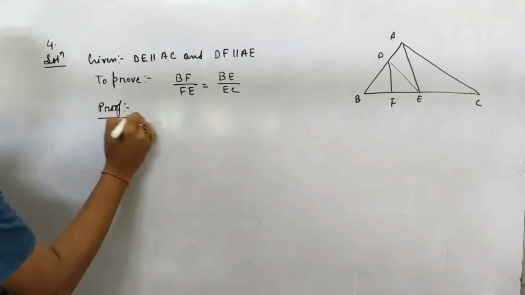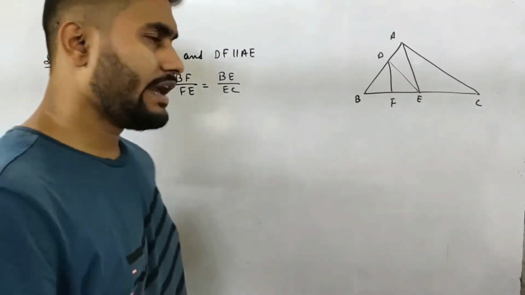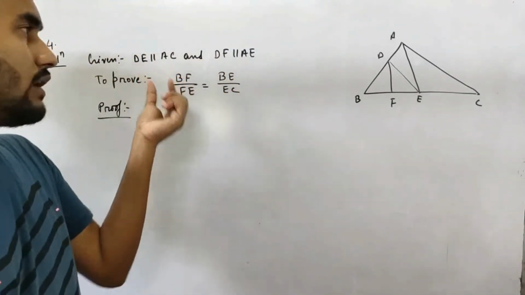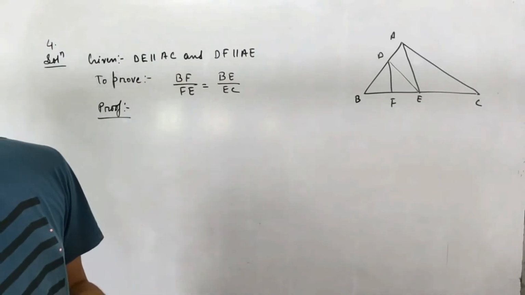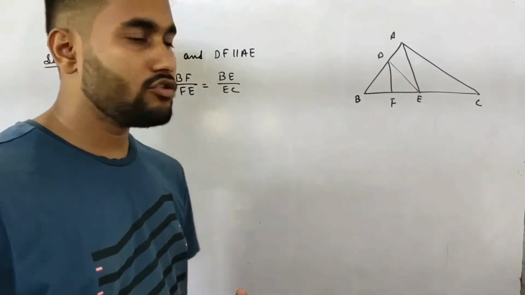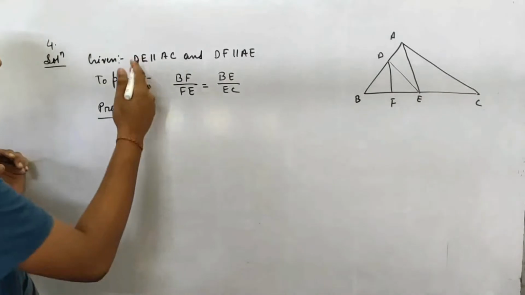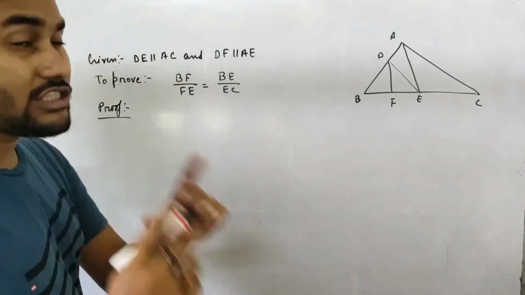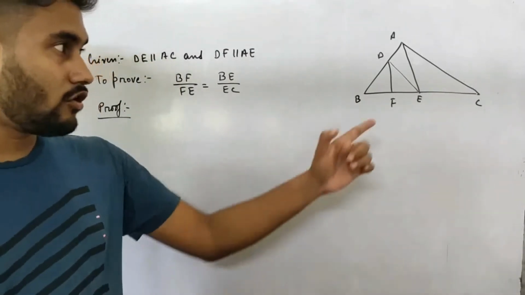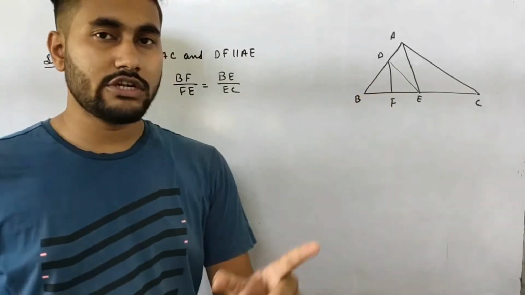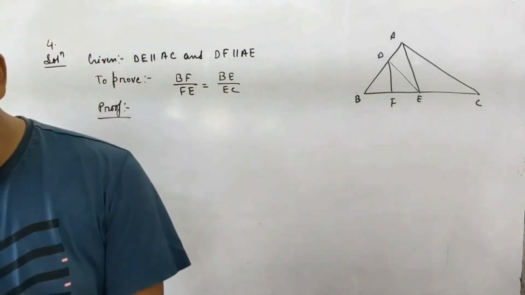PROOF. Okay, let us start the proof. So again process same. Use the given part and after that find the triangle and use the Thales theorem. Okay, Thales theorem only we have to use. So first is DE parallel to AC. So in which triangle DE is parallel to AC? There are a lot of triangles over here. Okay, so in which triangle DE is parallel to AC?